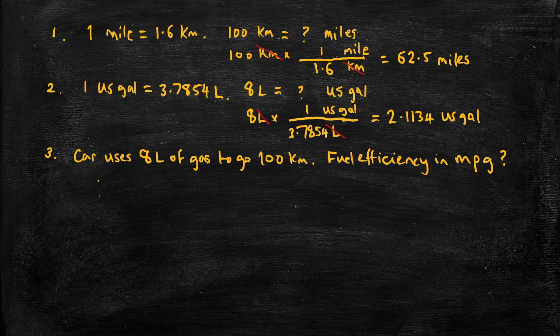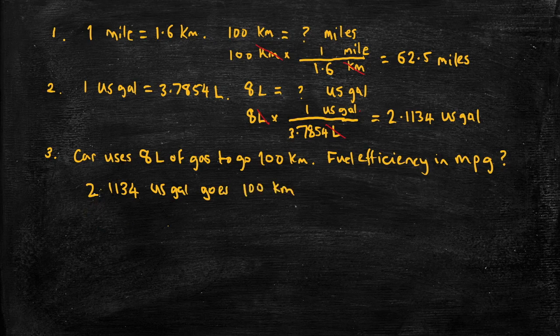Moving on to number 3, if we have a car that uses 8 liters of gas to go 100 kilometers, what's the fuel efficiency in miles per gallon, MPG? So we just figured out that 8 liters of gas was equivalent to 2.1134 US gallons, and that goes 100 kilometers.